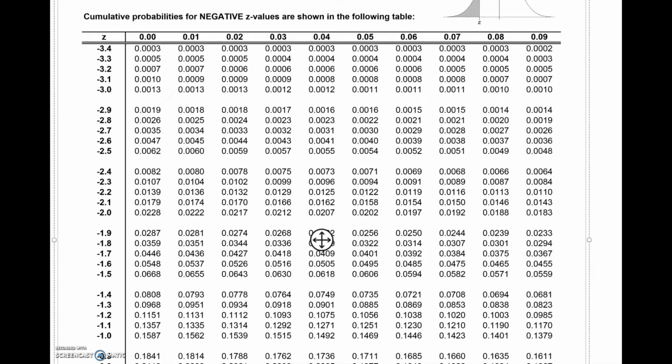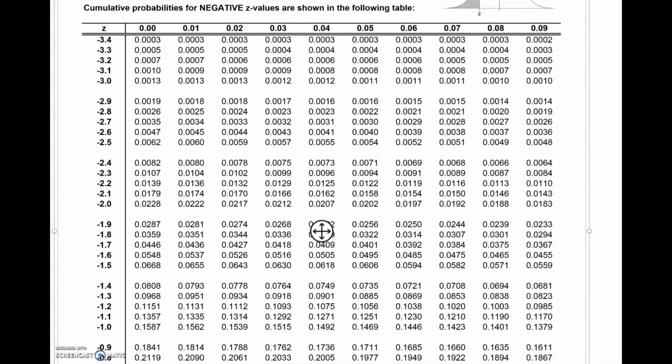So remember we were looking for negative 1.41. I'm going to start here at negative 1.4, but I want the hundredths place to be a 1, so I'm going to look at this value. So to read my z-score table at negative 1.41, I'm going to get 0.0793.